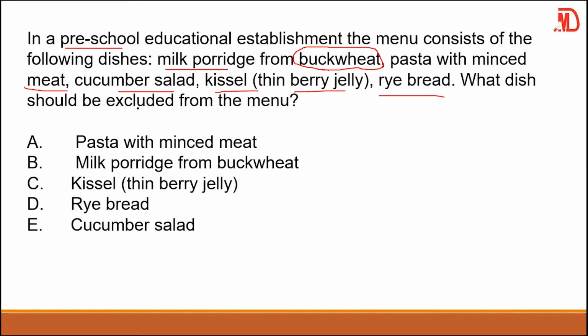What dish should be excluded from the menu? So basically, they are telling us that there's a problem with one of the menu items that we have to take out for people who are between the ages of 3 to 5 years. Generally, children and adolescents should eat sufficient nutritious food and drinks to grow and develop very well.